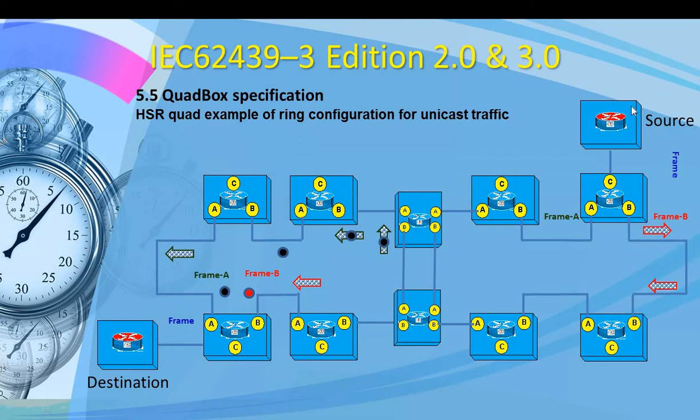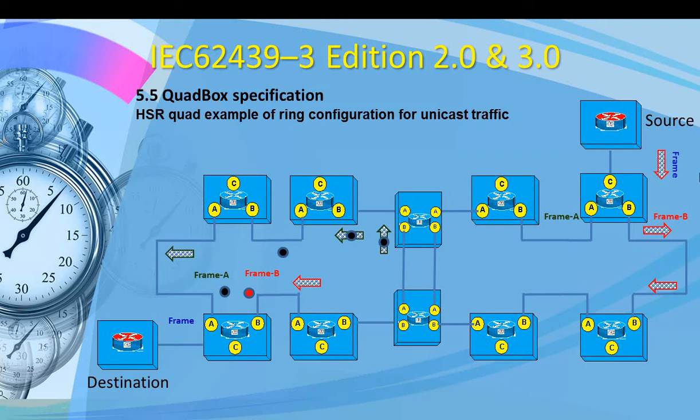The source host sends out a frame going through HSR ring number 1 and via 2 different quad boxes to the second HSR ring, and then it is forwarded to the destination.